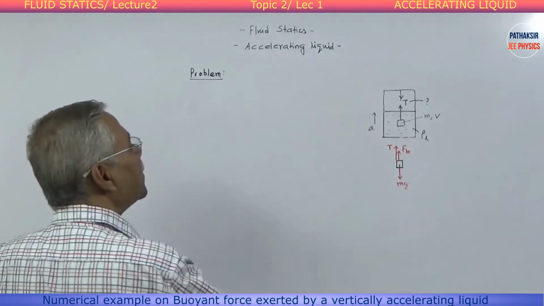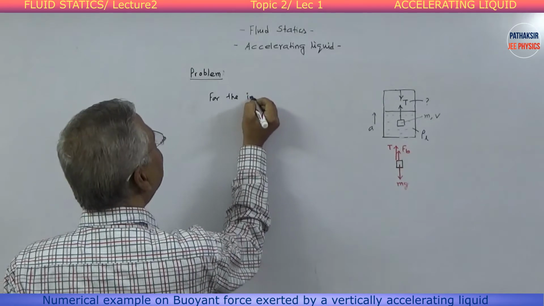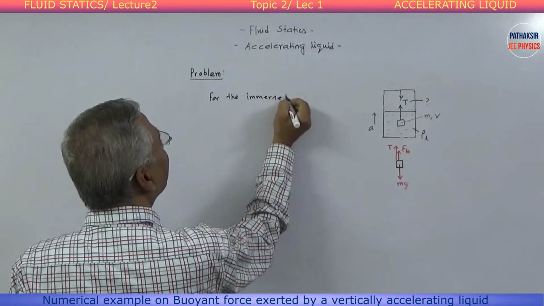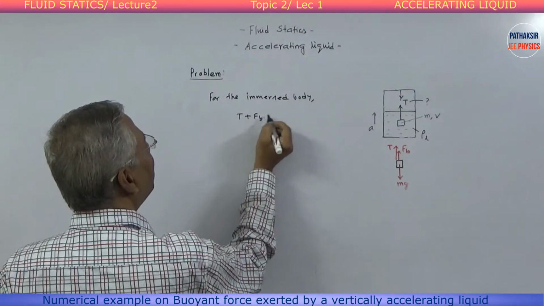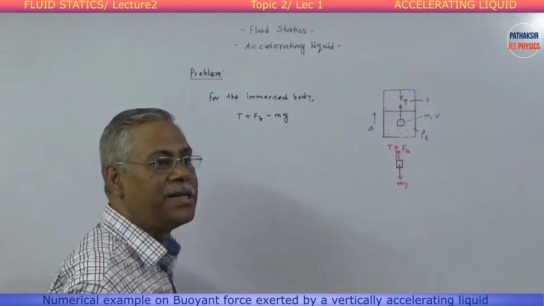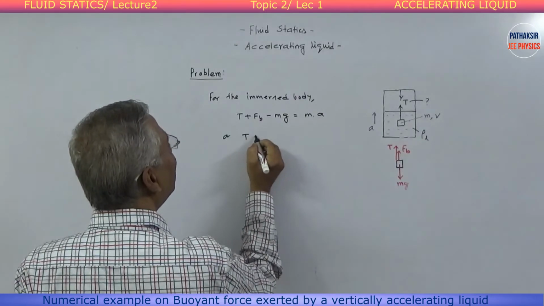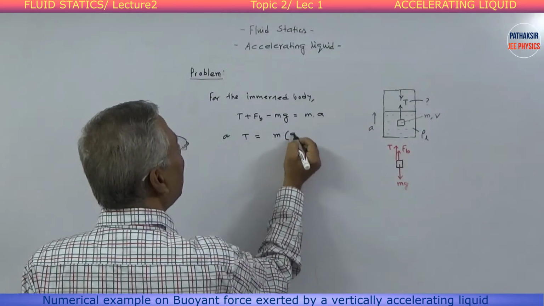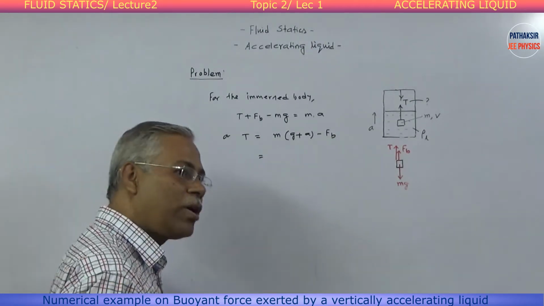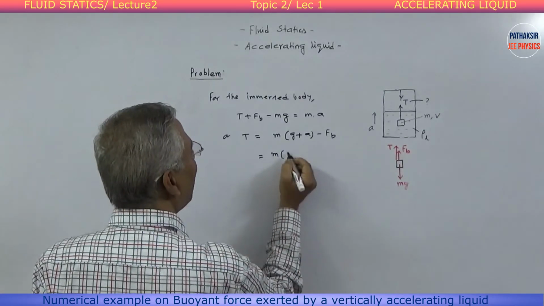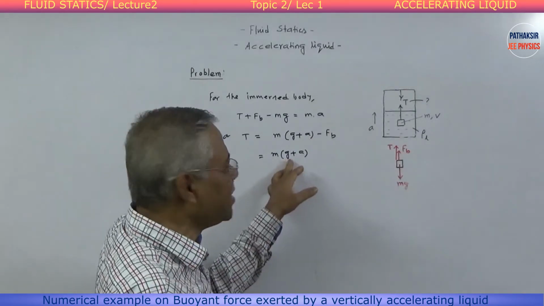So for the immersed body, T plus Fb minus mg is the net external force. This is equal to mass into acceleration, or T equals m into g plus a, minus Fb. m is given, so I will not write m in any other form: m into g plus a. m is given, g is given, a is given.